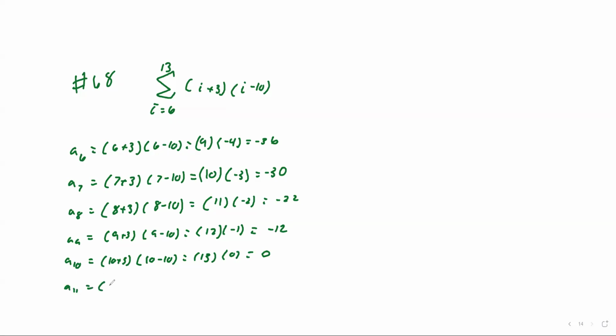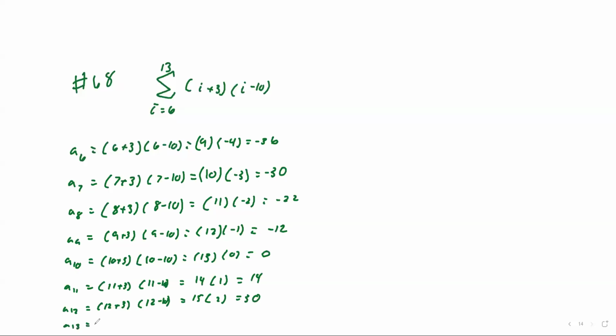A sub 11, so that'd be 11 plus 3, 11 minus 10. So this would be 14 times 1, so that would be 14. A sub 12 would be 12 plus 3, 12 minus 10. So that's 15. I forgot the 10 here. Sorry. 12 minus 10, which would be 2. So that gives you 30.